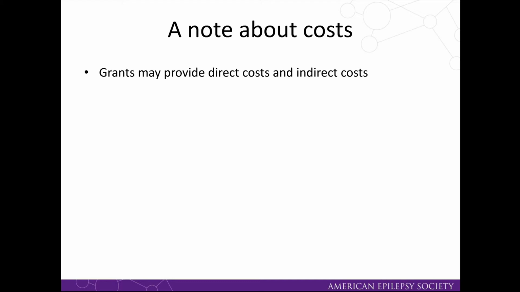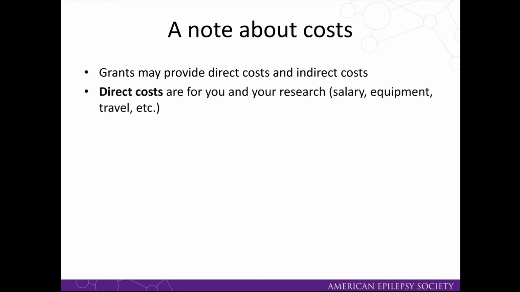Costs are complicated, and it's worth spending a little time talking about the difference between direct costs and indirect costs. So direct costs are for you and your research. That's your salary, that's the equipment, that's travel, and anything else that you need to get the research done is a direct cost.